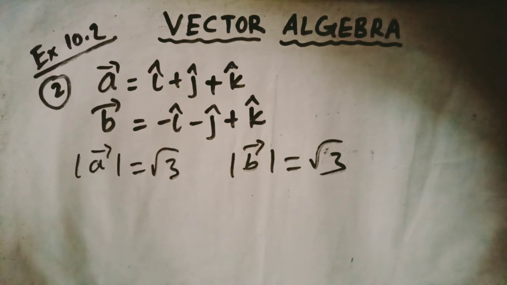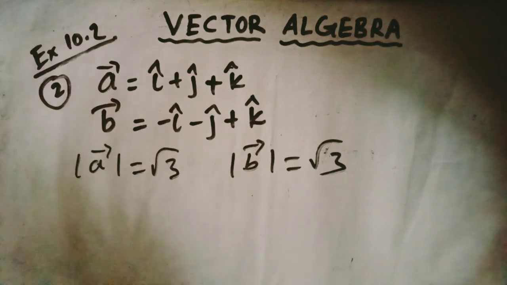Now write two different vectors having the same direction. Same direction means all the signs should be the same, and second, you have to check the direction cosines. The direction cosines of both vectors should be the same.